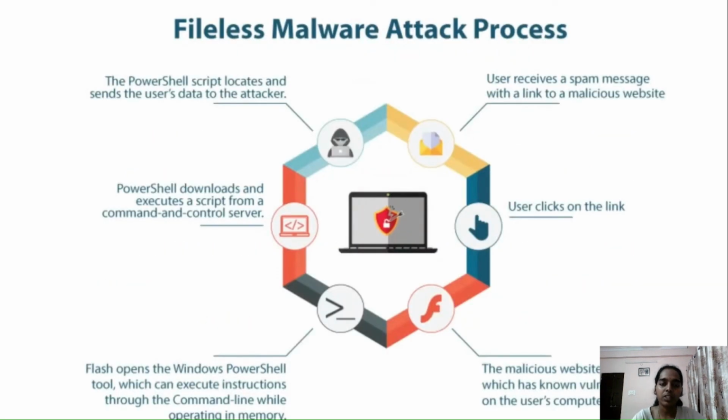So this is the process of how attackers attack using fileless malware. First, they need to inject a payload into a machine. This can be done in many ways, like phishing emails with malicious website links, or JavaScript code with hidden malicious code in it. After a payload is injected, it searches for vulnerabilities in our machine.